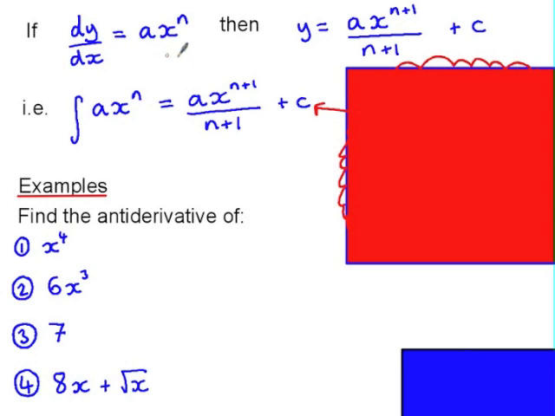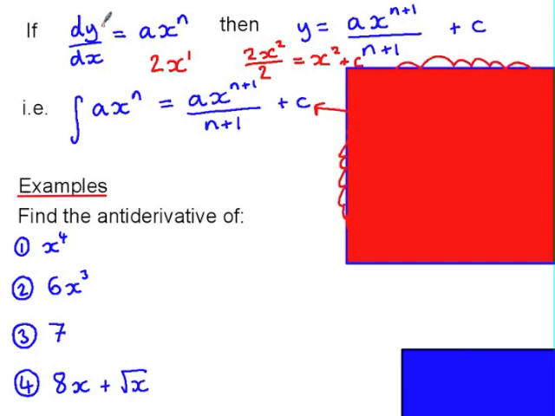So if we think before, our derivative was 2x, which is like 2x to the power of 1, then the function is 2x to the n plus 1, which is now 2, divided by 2, which simplifies, the 2's cancel, to x squared, and remember always to write the plus c, because there could be an unknown constant which differentiated to 0.